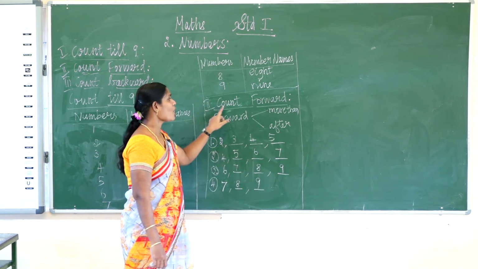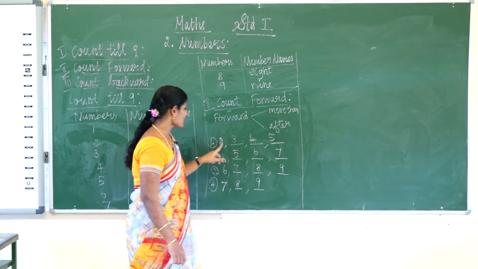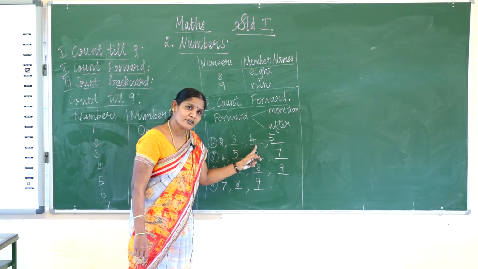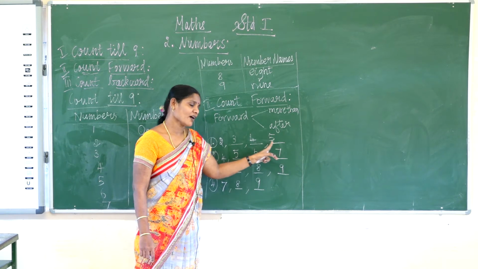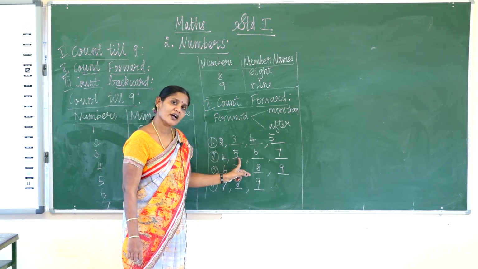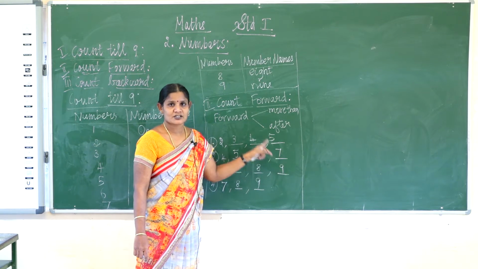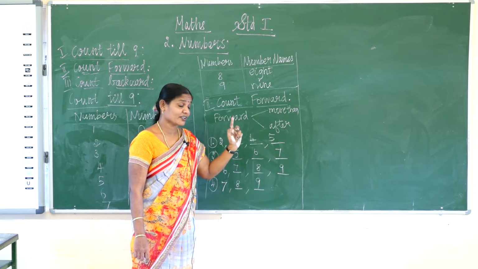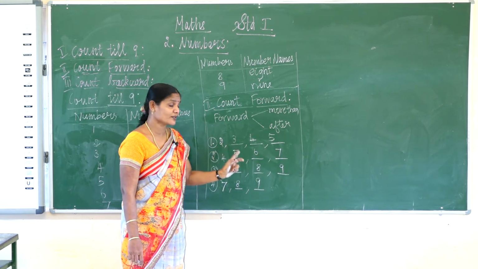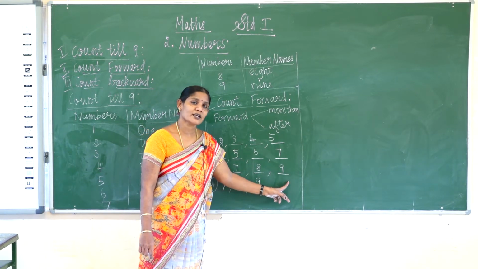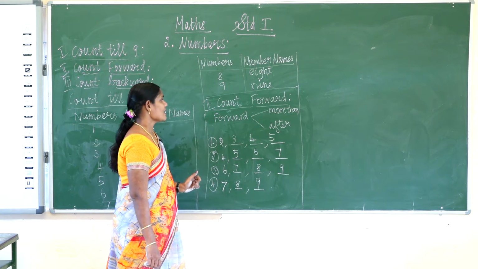So count forward means what you have to say: more than. 2 more than 3. 3 more than 4. 4 more than 5. 5 more than 6. 6 more than 7. So you studied last year after; don't say after, you say more than. 6 more than 7. 7 more than 8. 8 more than 9. So that's the answer.